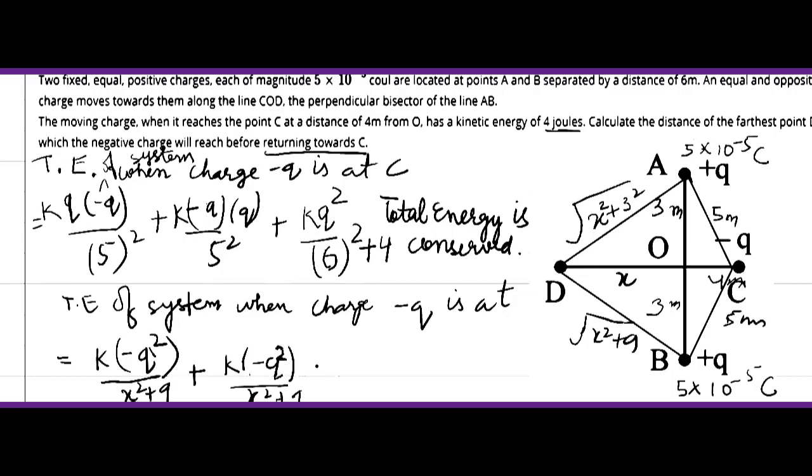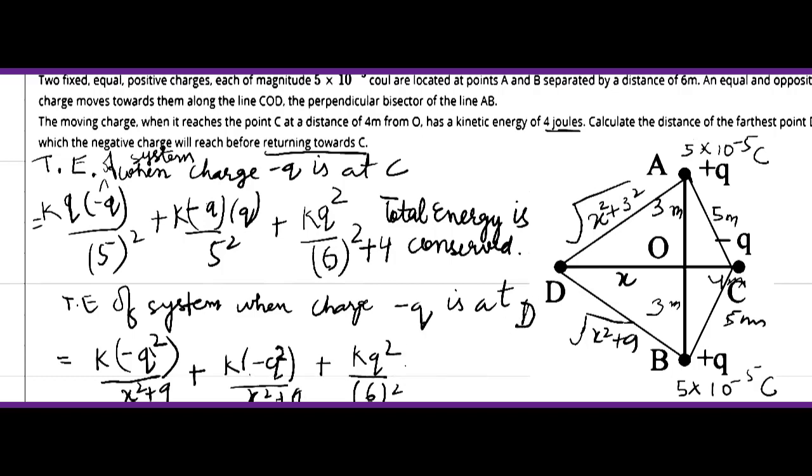And between the two positive charges it will be again the same, because their position is not changing. This is between two positive charges, kq square divided by 6 square, plus kinetic energy is 0 here. For minus q the kinetic energy is 0. So this is your final expression for the energy when charge is at D.